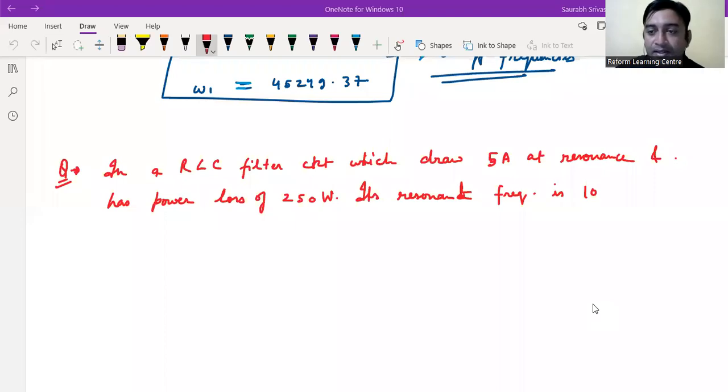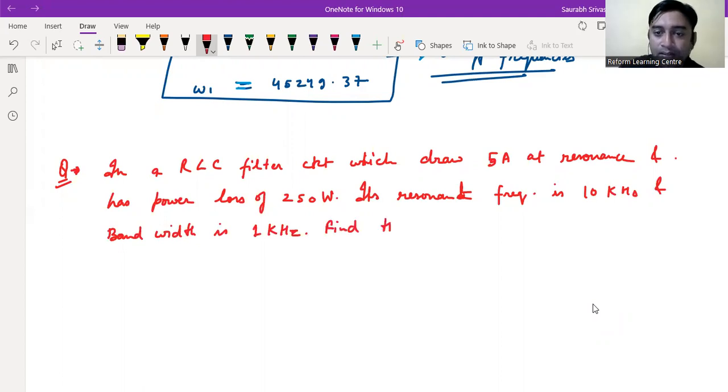Resonant frequency is 10 kilohertz and bandwidth is 1 kilohertz. Find the circuit parameters.